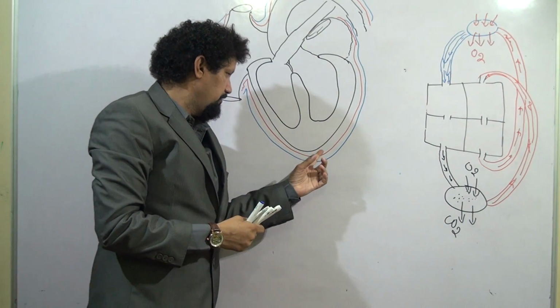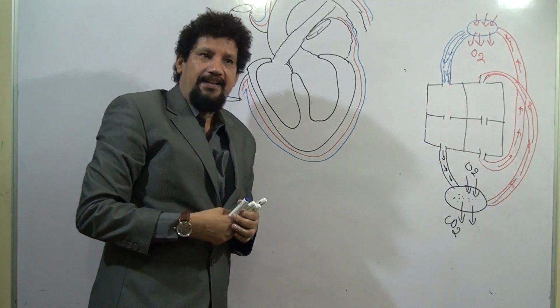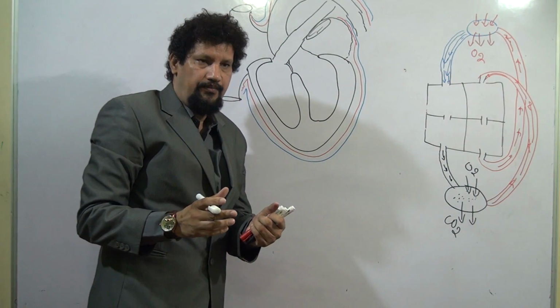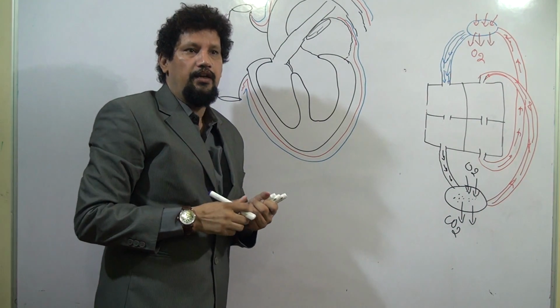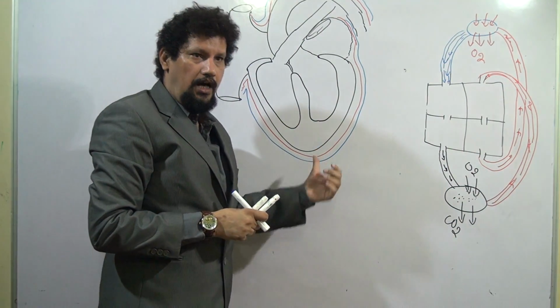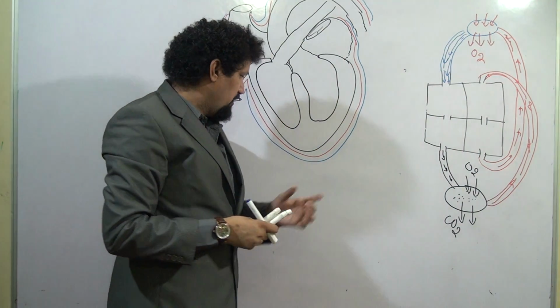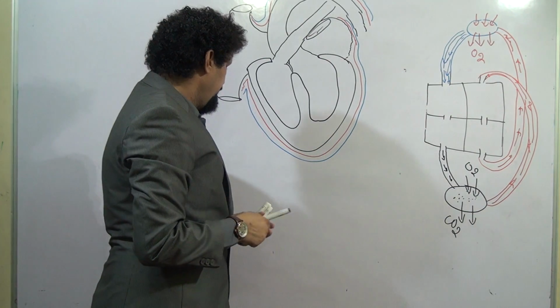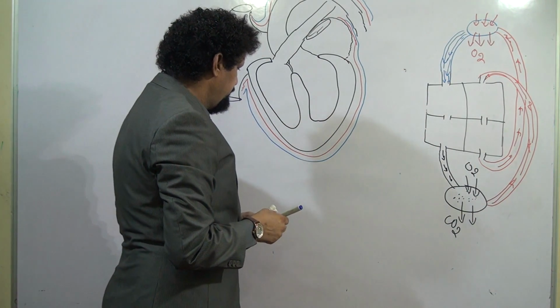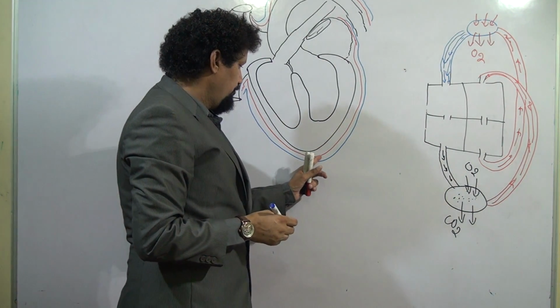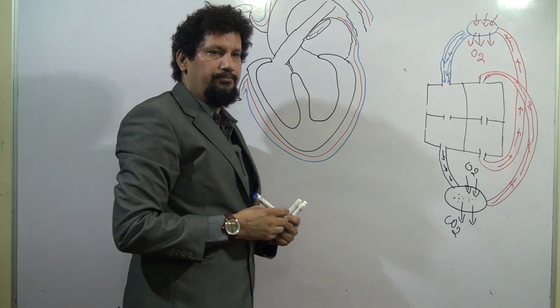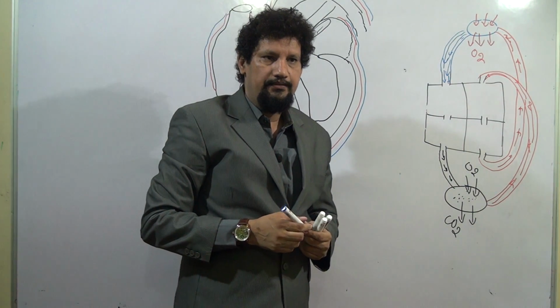This layer, which is adjacent to the heart and adherent to the outer surface of the heart, is the layer of the serous pericardium. These 2 layers are the part of serous pericardium.